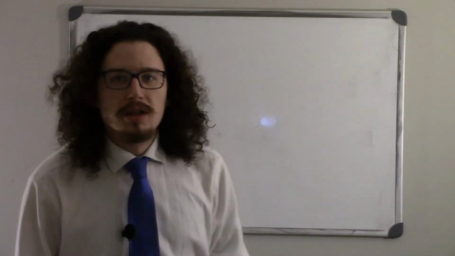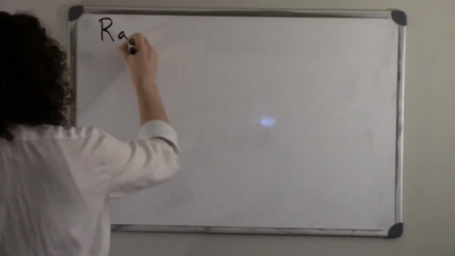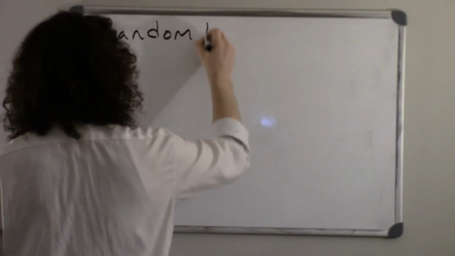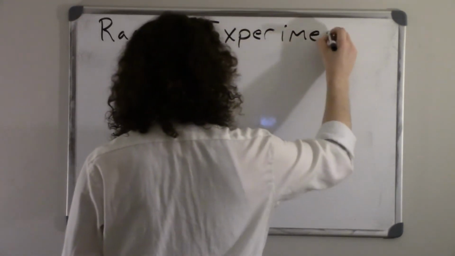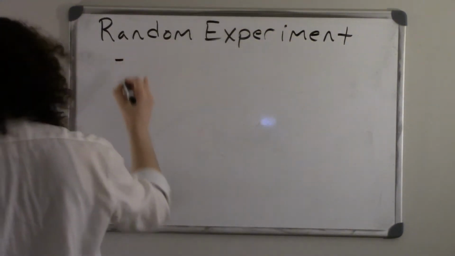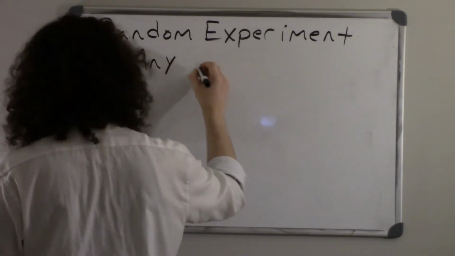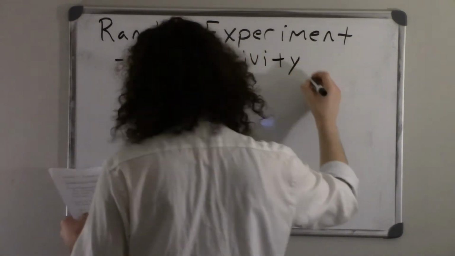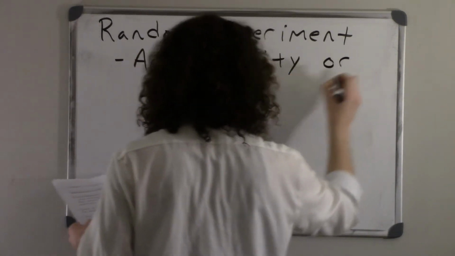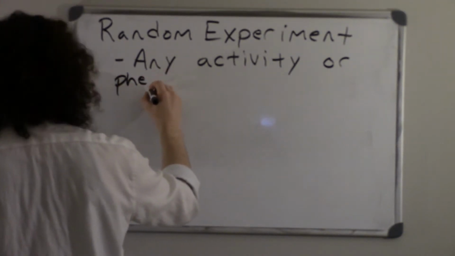The first thing that we're going to look at is the idea of a random experiment. Most of the probabilities that we will be, or really all of the probabilities that we are going to be calculating, are for the result of a random experiment.